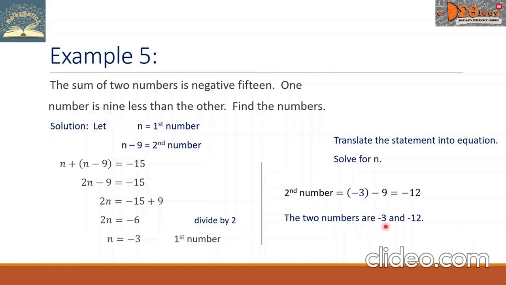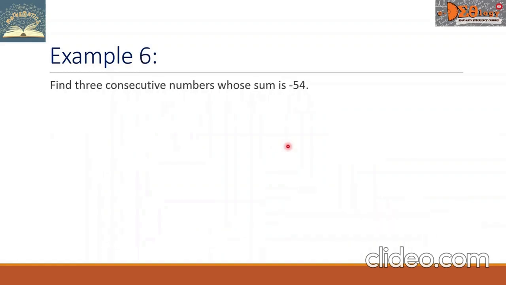Observe that negative 3 minus negative 12, the answer is 9. So second condition is also satisfied. Example 6. Find three consecutive numbers whose sum is negative 54.